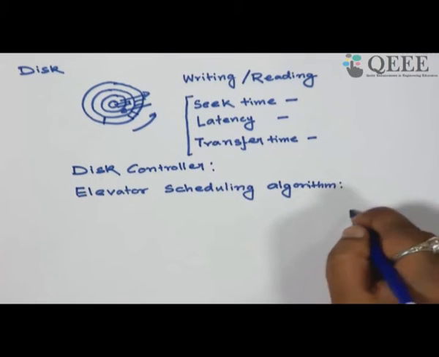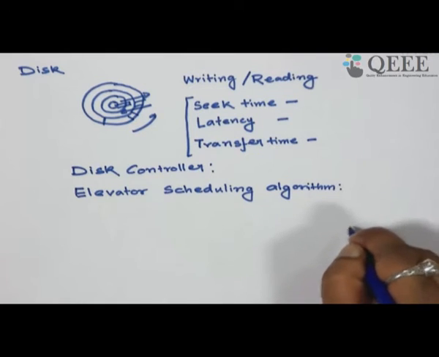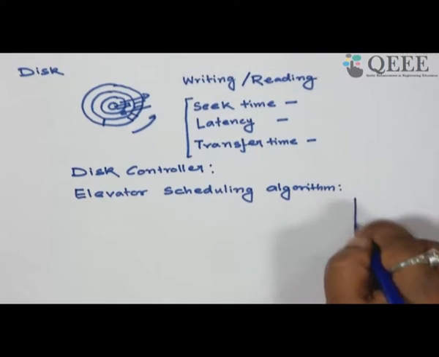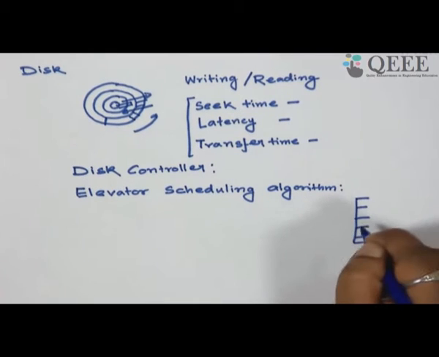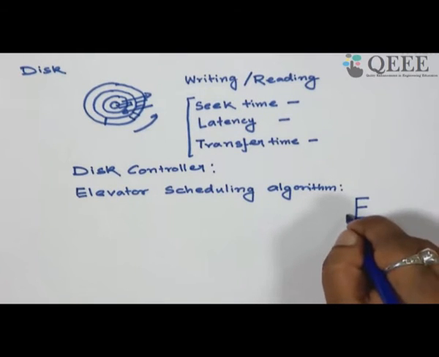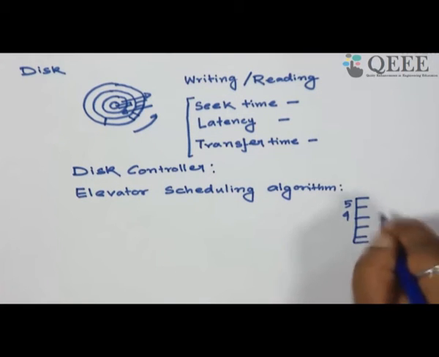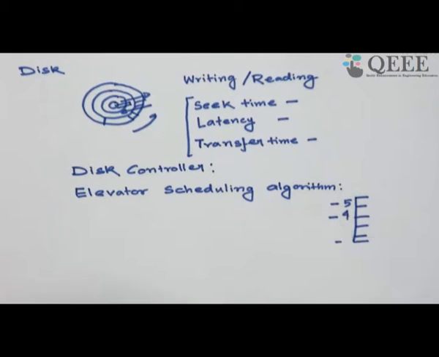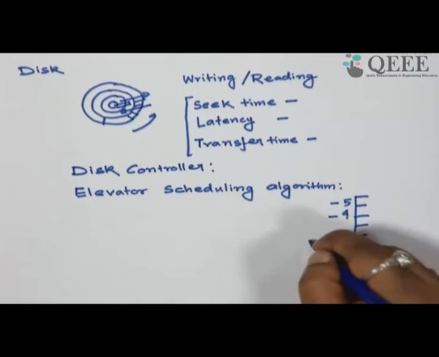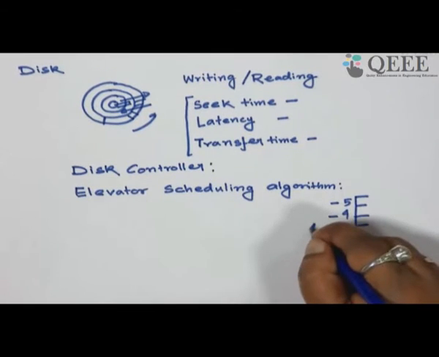So, if you know how an elevator works, suppose there are several floors of a building and they have pressed a button to request an elevator, maybe the 4th floor, the 5th floor, 3rd floor, in some order, first this, then this, then this. So what an elevator does is that it goes up.